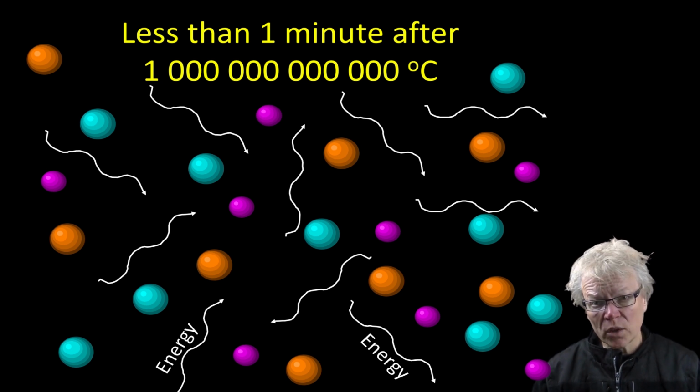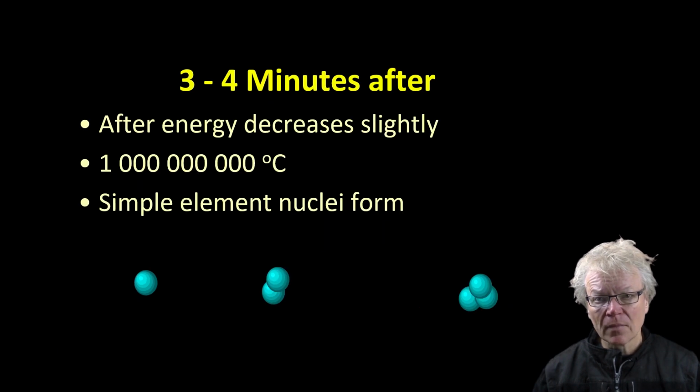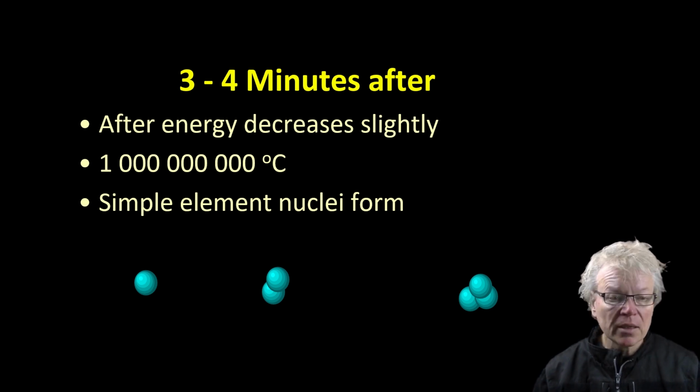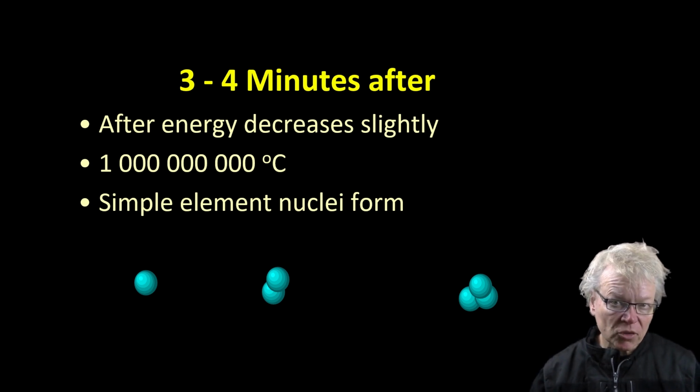Now, we come forward a little bit to 3 to 4 minutes after the Big Bang. And like anything that's hot, if you leave it, it starts to cool down. And so 3 to 4 minutes after the Big Bang, the energy of the universe and the temperature decreases slightly. So it's not 1,000,000,000 degrees centigrade, it's now only 1,000 million degrees centigrade.